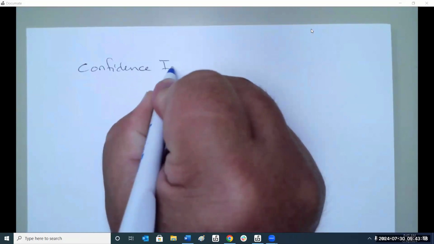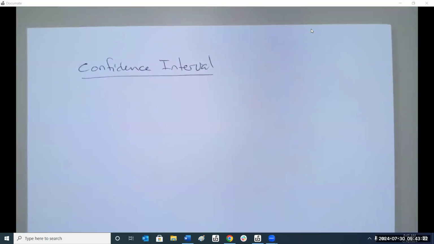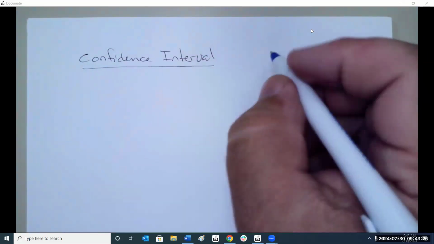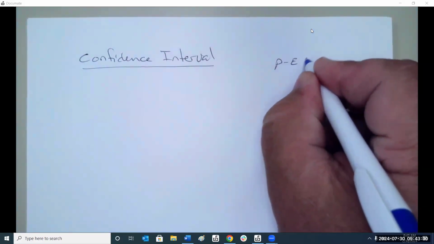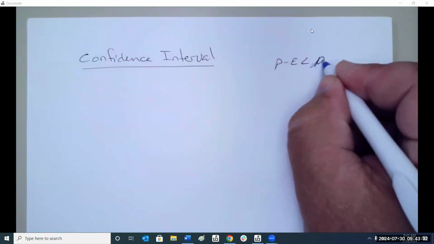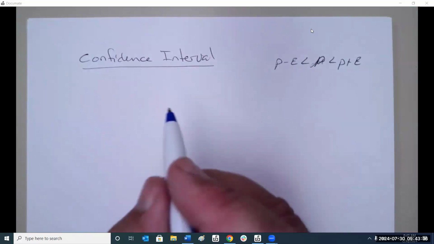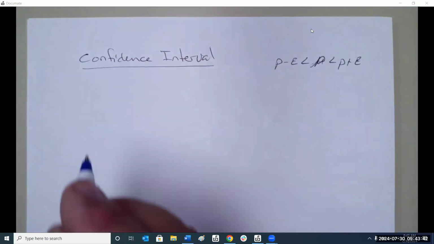The confidence interval. Last time we talked about proportions, remember, it was p-hat minus margin of error to p-hat plus margin of error. But now, since we're trying to estimate the population mean, all we know is a sample mean.